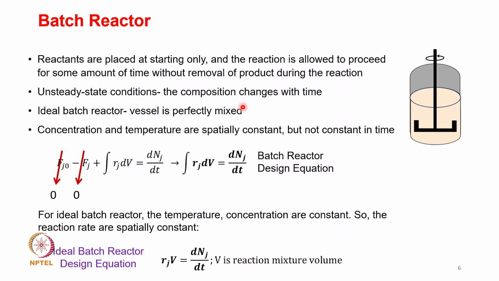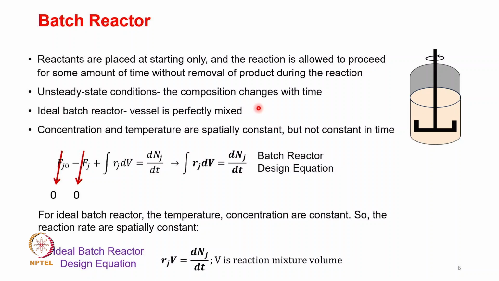Unlike the continuous reactors, batch reactor operation is unsteady state. Why? Because the composition in the reactor is changing with time. As there is no feed inlet or outlet, as time progresses the composition of the reactants and the products changes, and eventually you stop the process.